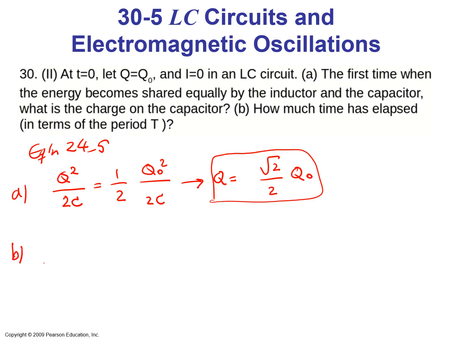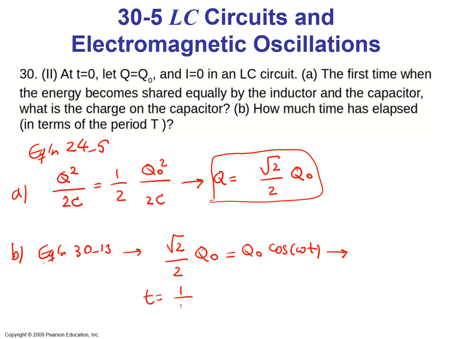For part B, we insert the charge in equation 30-13 to solve it for time. So we have root 2 divided by 2 times Q naught is equal to Q naught cos omega t. Let's solve it for time: t is equal to 1 over omega times cosine inverse of the square root of 2 divided by 2.